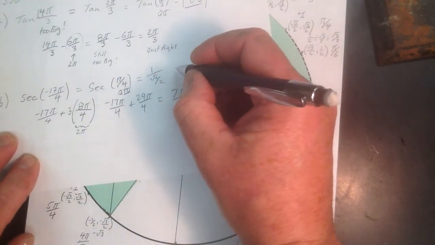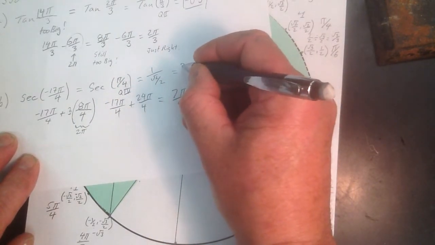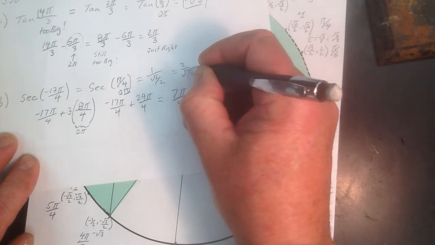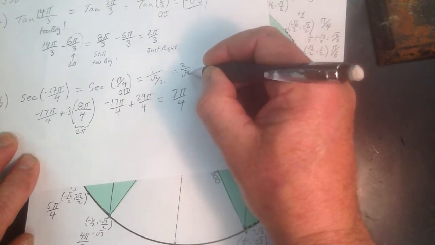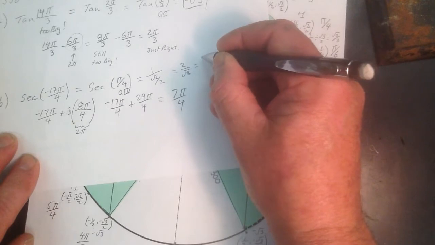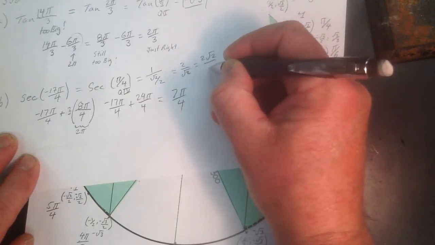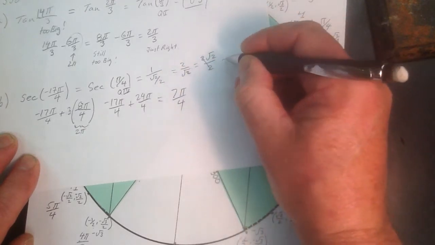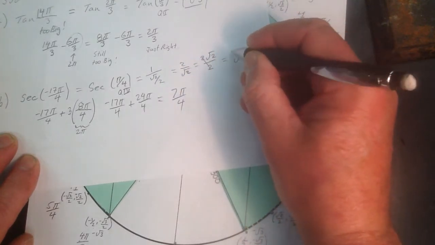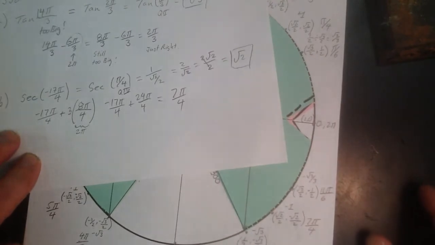This forces me to take a reciprocal. And then let us rationalize the denominators. Those 2s cancel. Root 2 is my final answer.